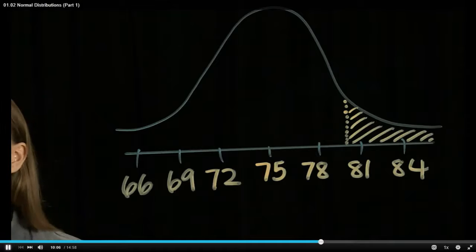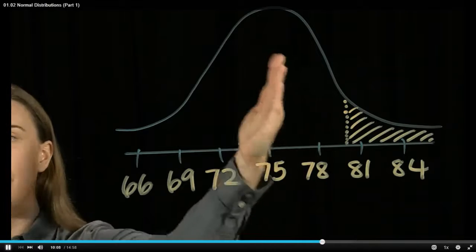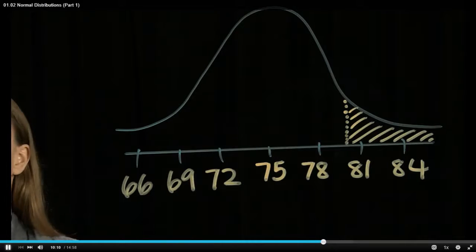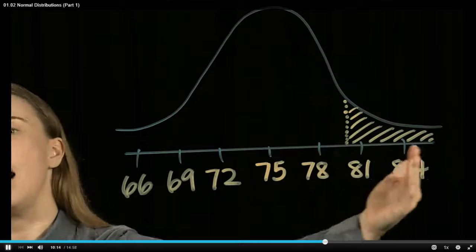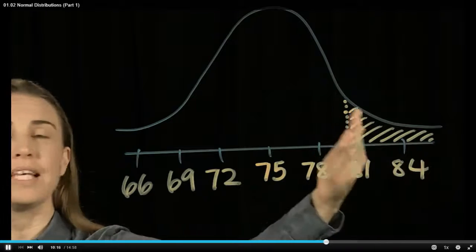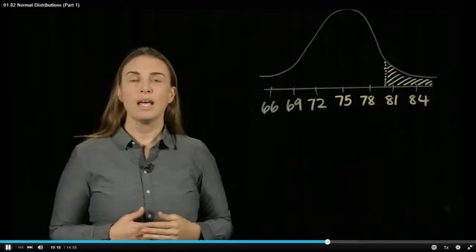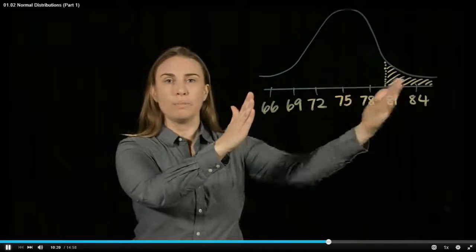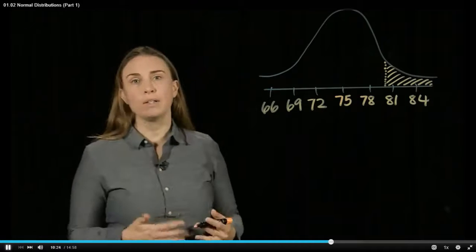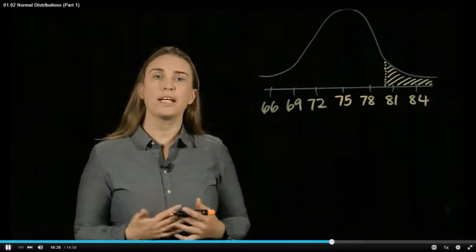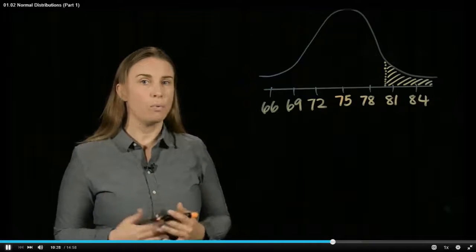Remember though, that this amount represents the area under the curve to the left of our score. Since we're interested in finding the probability of scoring 80 or higher, we actually want the amount that's above 80. The entire amount under the normal curve is equal to 1 whole. So to find the amount that's above 80, we subtract the amount below 80 from 1.